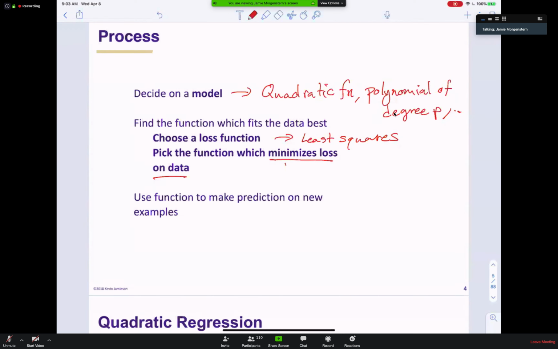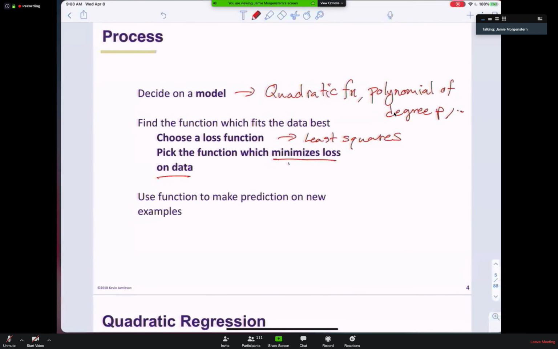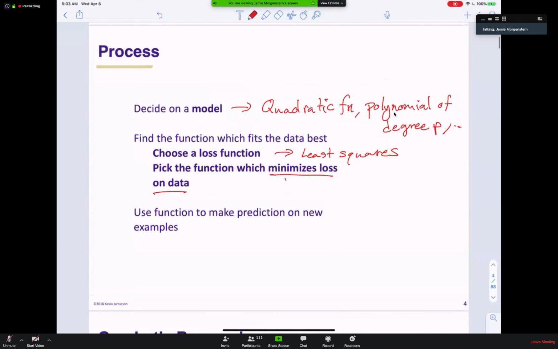The beautiful, elegant closed form description of the least squares minimizer works very well for linear functions. It's going to take more work, and perhaps that's not the best use of our time in this class to talk about how we do that minimization. And then when we have a fitted function, we're going to use it in exactly the same way as before to make new predictions for new examples.